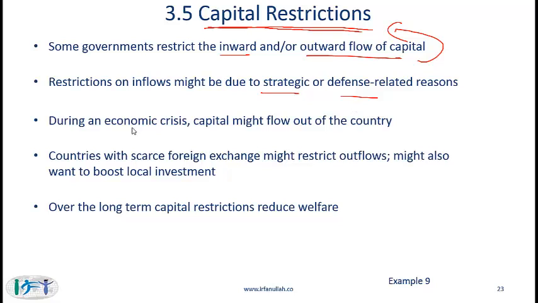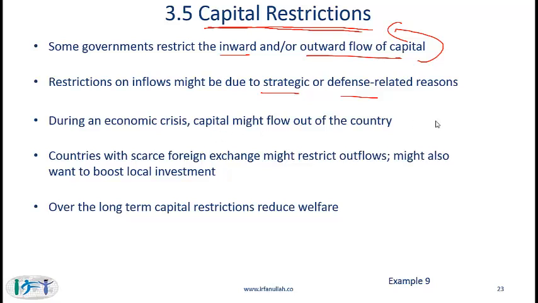Another reason given for capital restrictions is that at times it might cause volatility in the financial markets of a country. And the rationale is as follows. If foreigners invest in the financial markets of a given country and there is an economic crisis in the region or in the country, then foreigners are likely to quickly pull out their money.